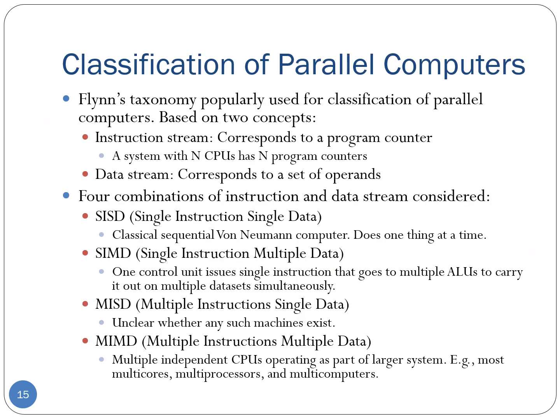Having talked about several different types of parallelisms that exist in our computers, let's now talk about a way of classifying several different parallel computer architectures that are out there. Flynn's taxonomy is popularly employed for this classification, and this taxonomy is based on two concepts: instruction stream and data stream.